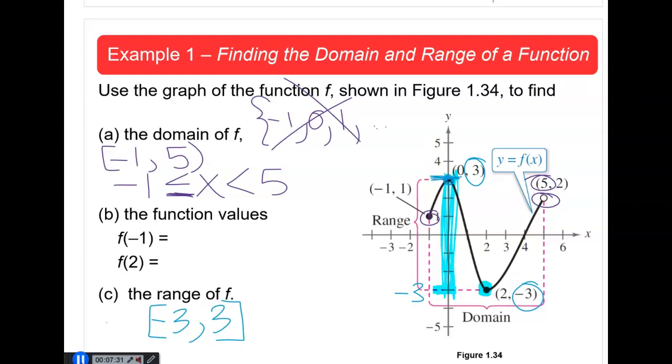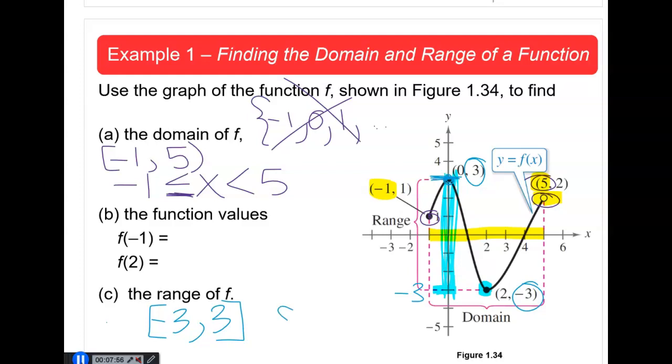Let's see what else. Well, we did the domain, which was the x values, and for that we used from -1 to 5, but without including 5 because of the open circle. Now for part B, well, let's write this one before we move on. Let's write it as a set.